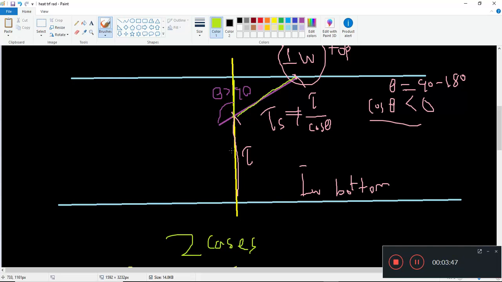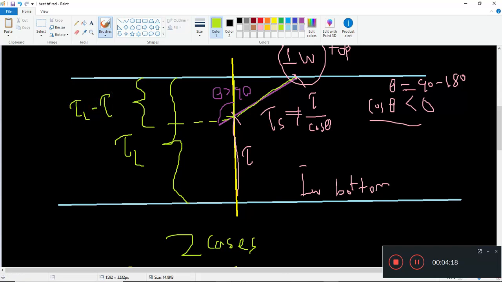So what do we then do? We can consider this optical thickness here to be called tau L, which is the thickness of this medium. Since it's 1D, we can conveniently set the thickness of the medium to tau L. And this vertical distance, we just call it tau L minus tau.